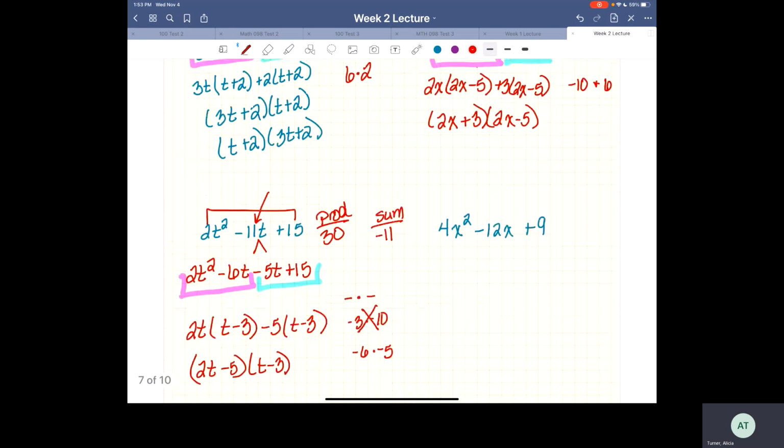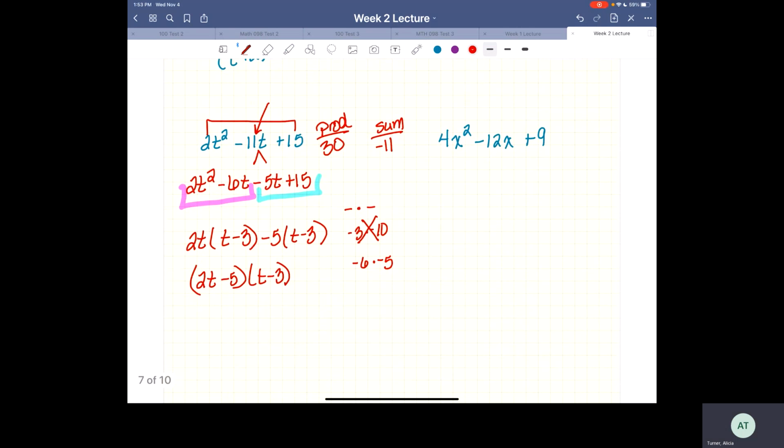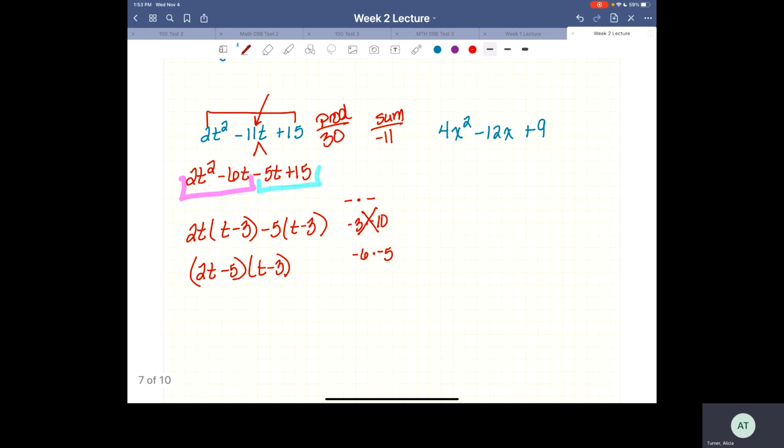Now, this is another special circumstance or a special product. Typically, students don't memorize this though. They just do it the same way that they do other problems. If you look closely, you will see that this is 4x squared, and that's a perfect square. 9 is a perfect square. This is 2 times the square root of each of these.